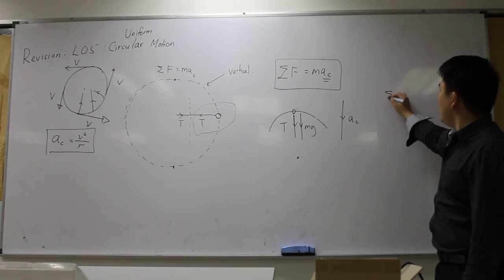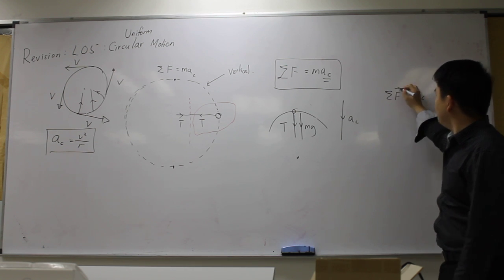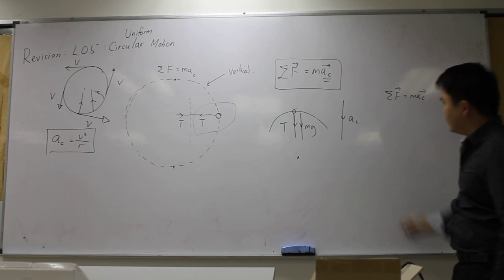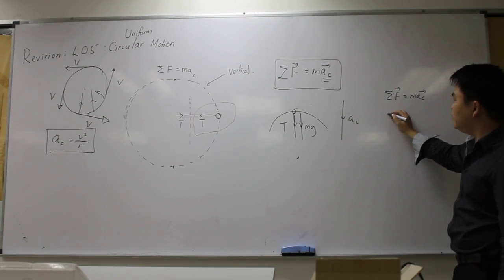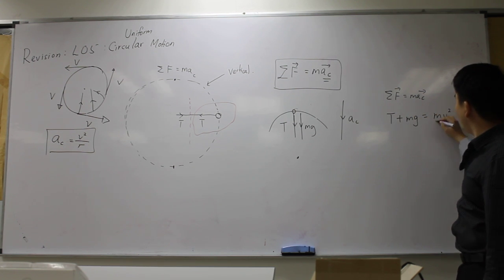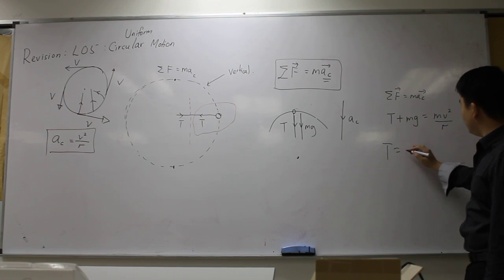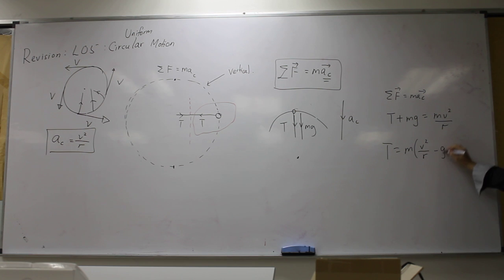So sigma F equal to m a_c. Maybe I can put it in vector form like this. Then I consider downward as positive, then T plus mg equals m v squared over r. And T equals m times v squared over r minus g.